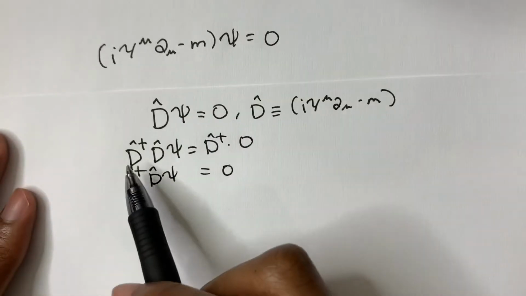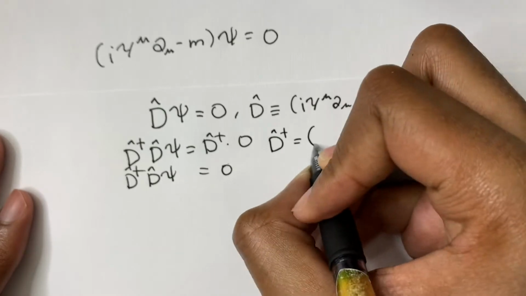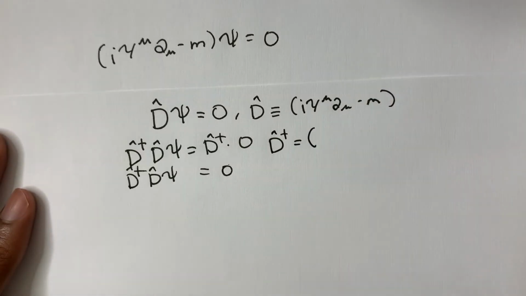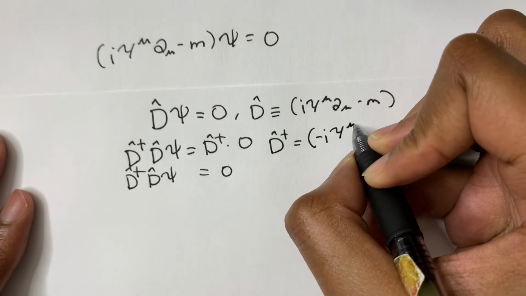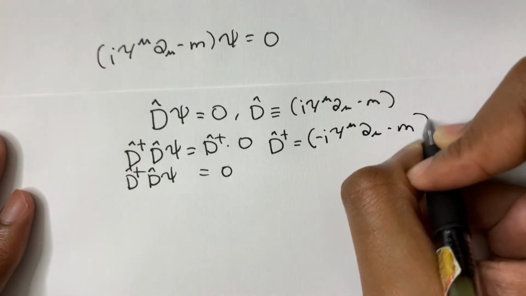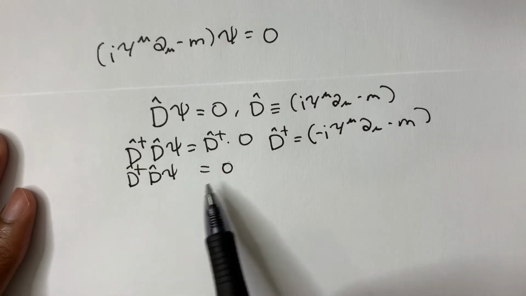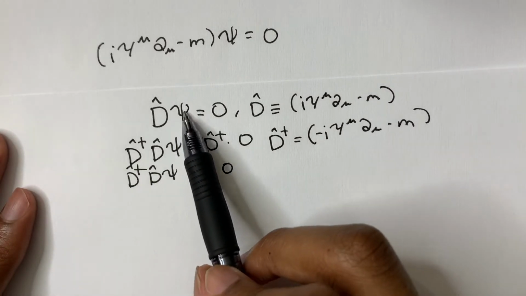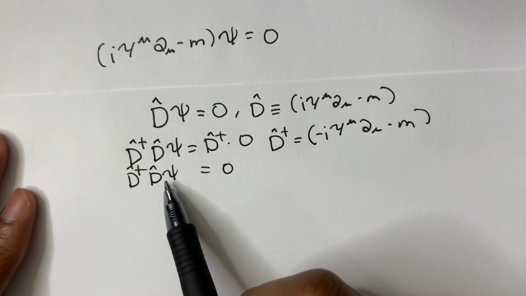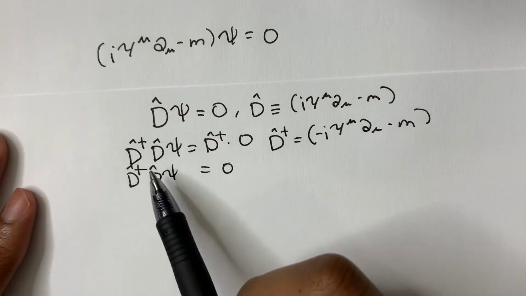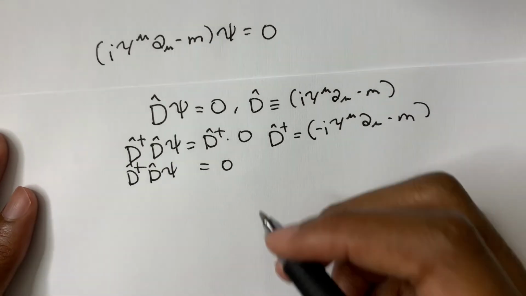Now, what's the Hermitian conjugate? Well, for any operator, you just put a negative sign next to the complex part. So what we have here is a new equation. And the Dirac bispinor that solves the Dirac equation will also solve this equation, since all we did was multiply both sides by the Hermitian conjugate of the Dirac operator.